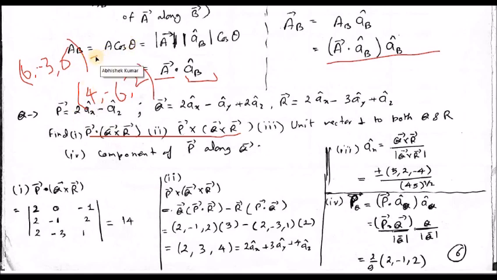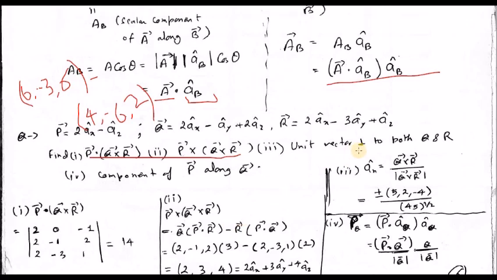And we have a minus sign here. So 6 minus 4 is 2. This is minus 3 minus of minus 6, so this is minus 3 plus 6, which is 3. And 6 minus 2 is 4. So this is 2, 3 and 4, which is equivalent to 2ax plus 3ay plus 4az. So this is your p cross q cross r.